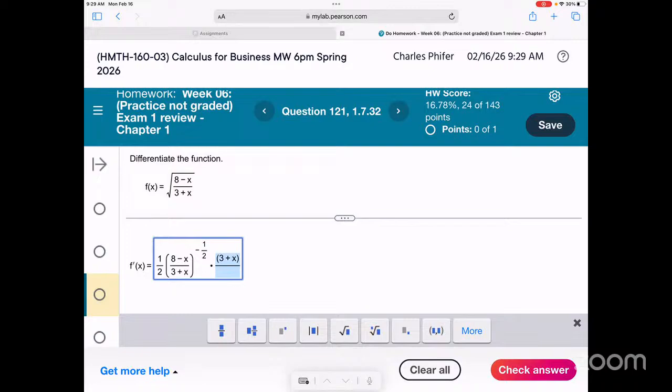Okay. So we've done the bottom times the derivative of the top minus the top times the derivative of the bottom. Derivative of the bottom is a 1, over the bottom squared.